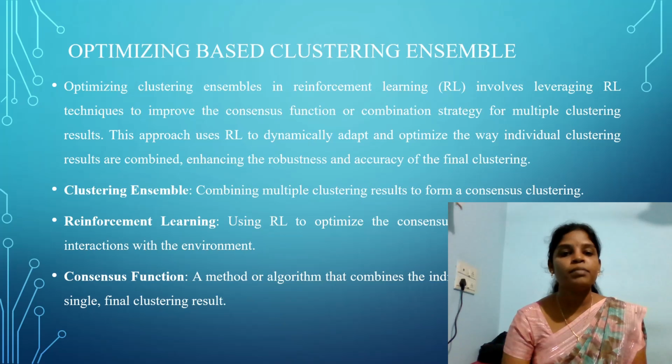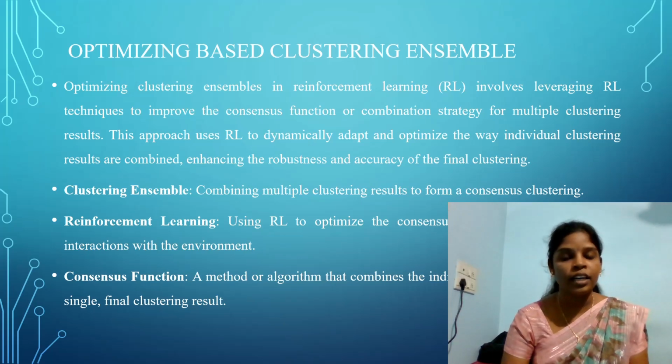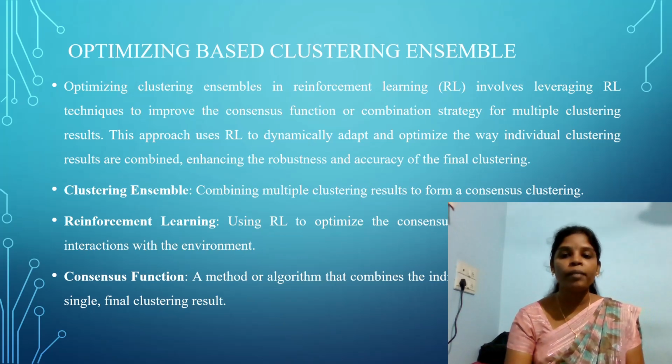So clustering ensemble means combining multiple clustering results to form a consensus clustering. So combine the multiple clusters; the final result will combine the data of both one and two into a combination of clusters. Next, reinforcement learning: using RL to optimize the consensus function by learning from interaction with the environment.